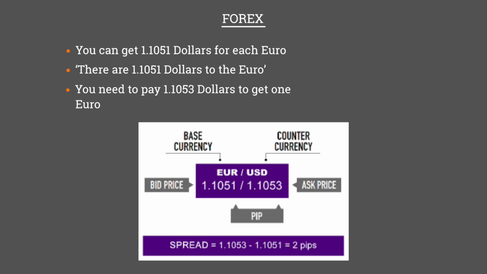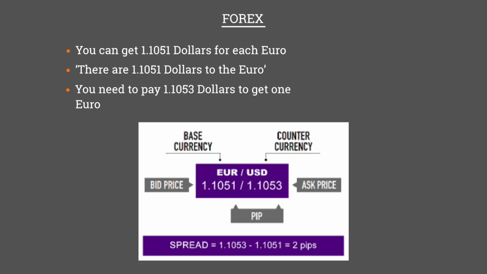And you'll also notice that as a British speaker of English, I say O instead of 0. Now this is a habit I feel that native speakers need to get rid of. We need to stop doing. It's much better to say zero. So you can get $1.1051 for each euro, but you'll often hear it with the O.